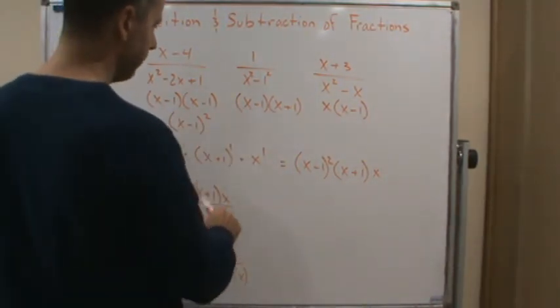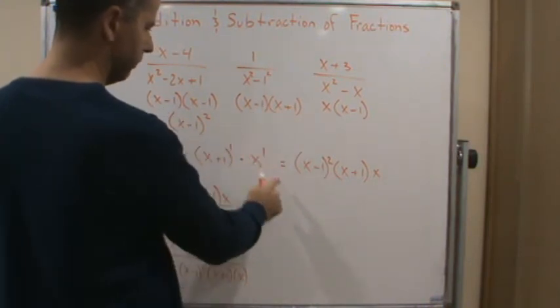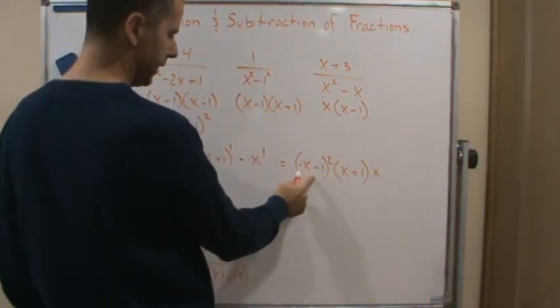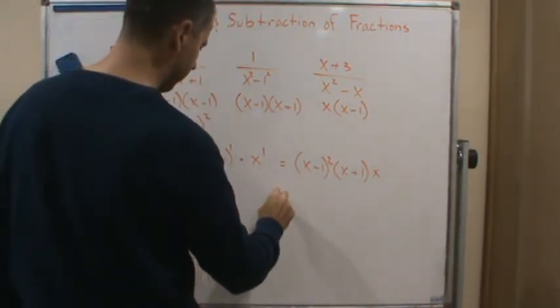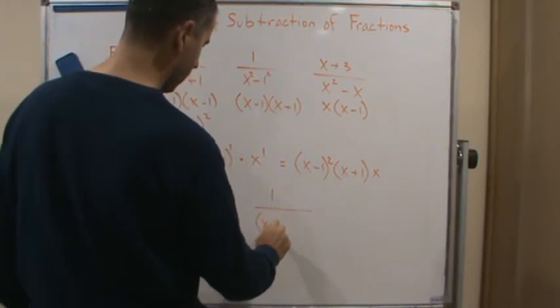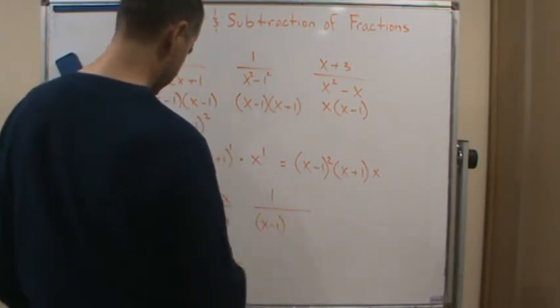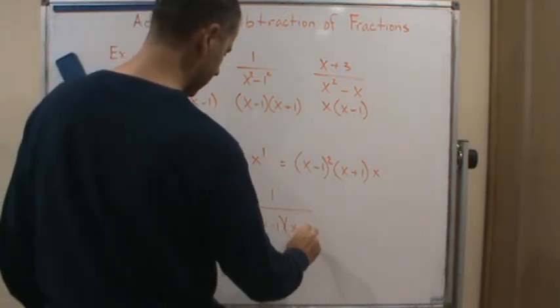Okay? Now, what about this one? Well, I've got an x plus 1 and an x minus 1, but I need another x minus 1 and I need an x. So I'm going to have 1 over x minus 1 times x plus 1.